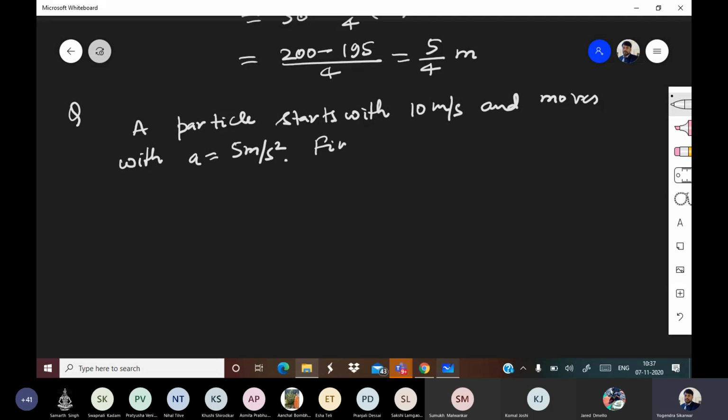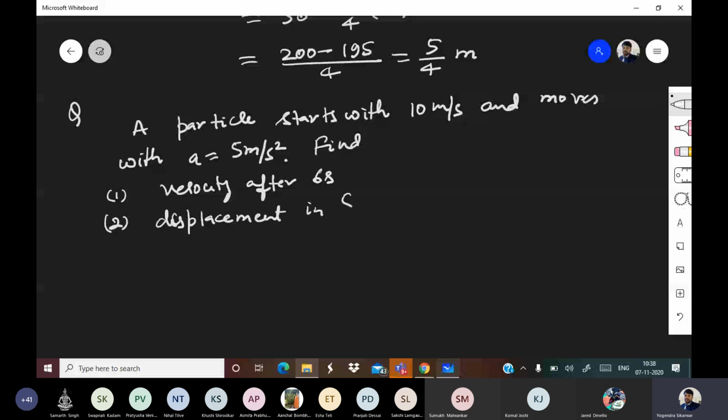Find number 1, velocity after 6 seconds. Number 2, displacement in 8 seconds.